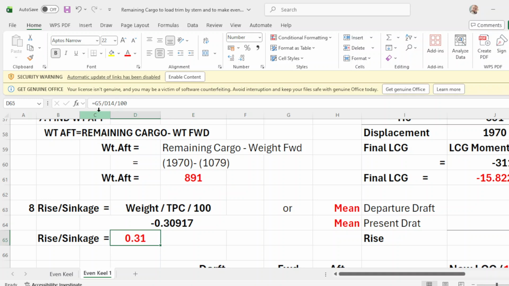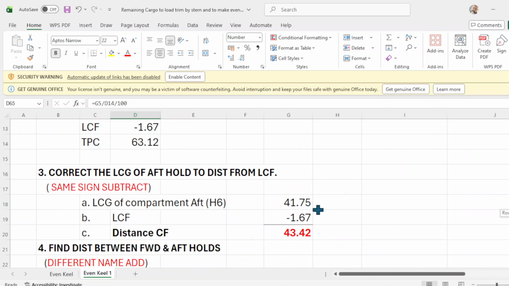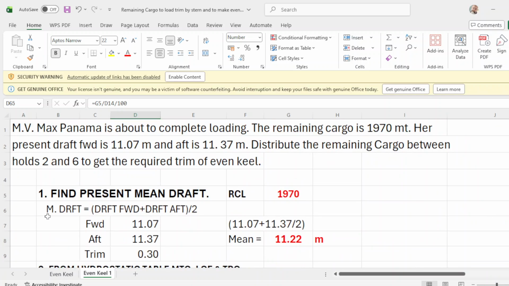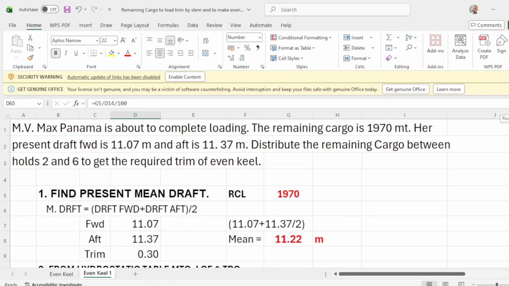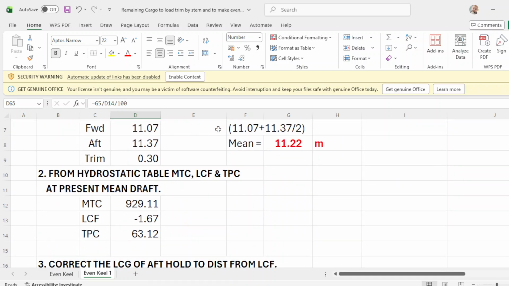Here G5 should be the weight, G and 5. Okay, you have the weight times your TPC. TPC is D14, D and 14. That is your TPC of 63.12.